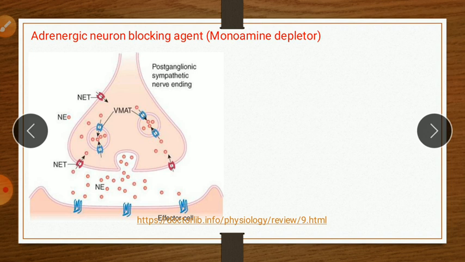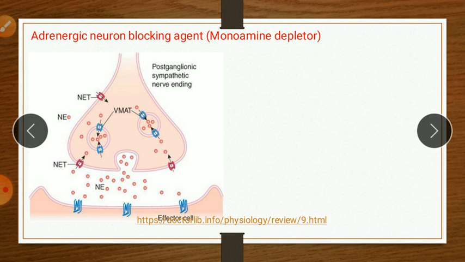After release into the synaptic cleft, some part of noradrenaline is reuptaken into the presynaptic neuron. For reuptake, there are various transporters. In case of noradrenaline, the transporter is called NET, norepinephrine transporter.